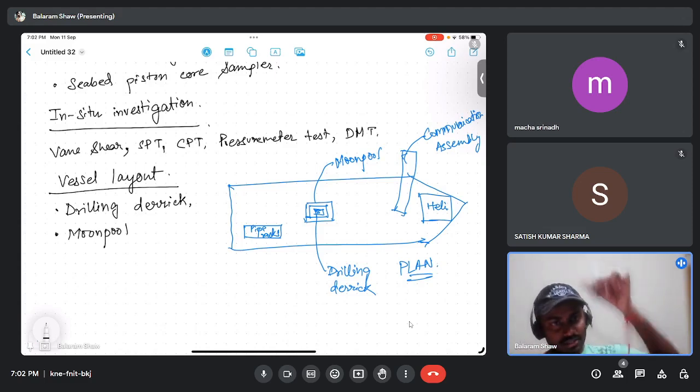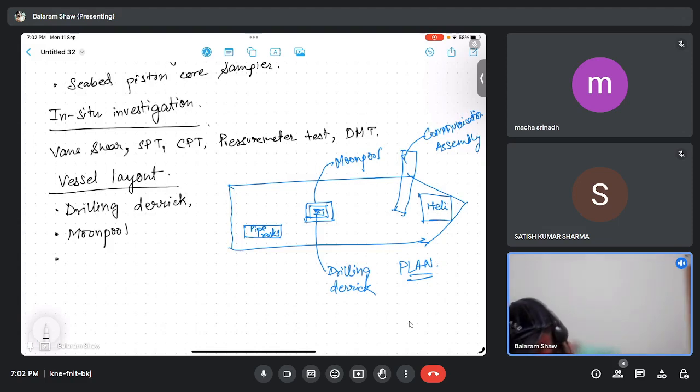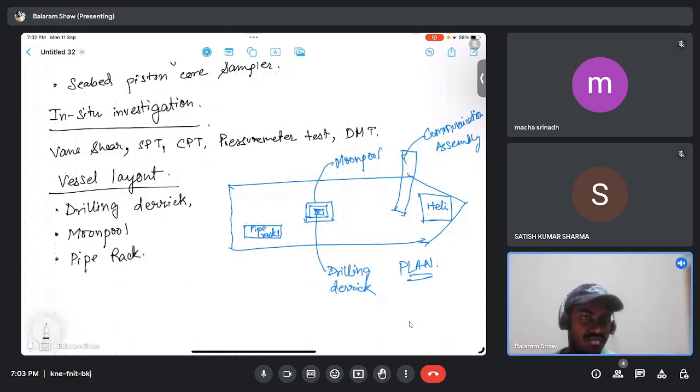From there the drilling rod assembly will be lowered into the seabed to take out the samples or facilitate drilling. Next we have the pipe rack. This pipe rack will be there to keep all the drilling rods which we are using to drill or get the samples. It is to stack all the drilling rods.